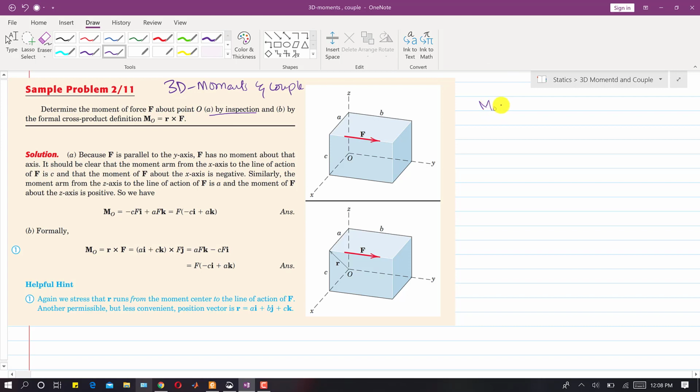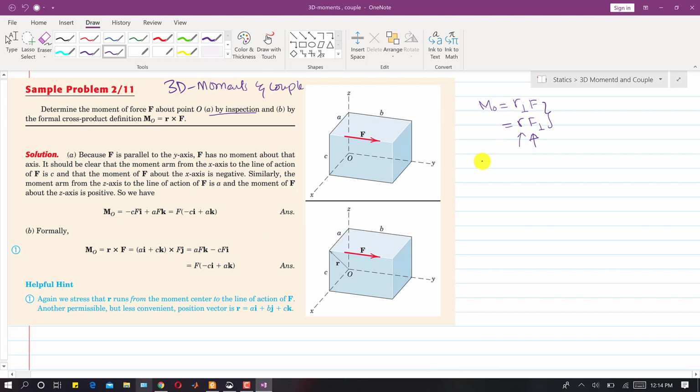We used to write that moment is equal to r perpendicular into F, or r into F perpendicular. Either we found the perpendicular component of r and multiplied it by the magnitude of F, or we found the perpendicular component of the force with respect to r, and we applied these two formulas to find the moment in 2D problems.